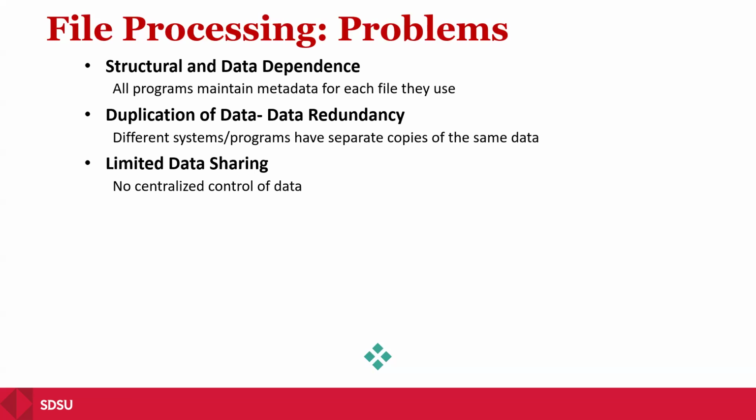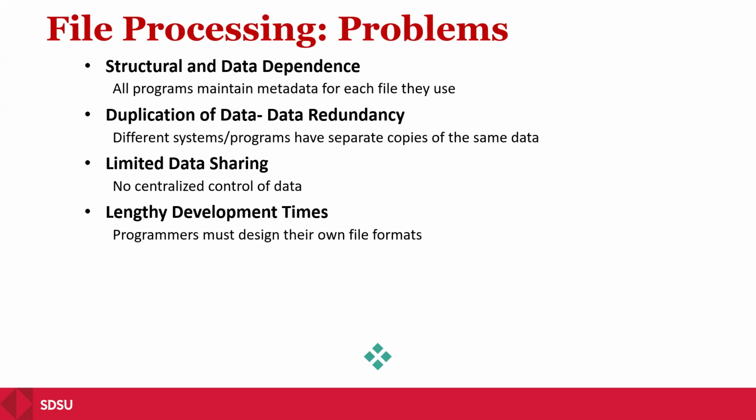For example, if the billing department needs to share information with the accounting department, they need to give them a copy of their own file, and now two departments will have different versions of the same file, which will not only cause data duplication, but also cause other issues, which we'll discuss when we talk about limited data sharing in detail.